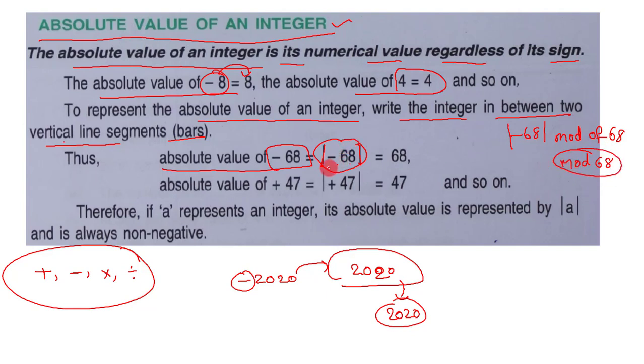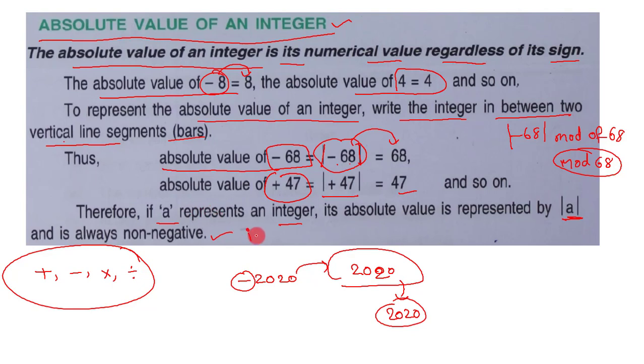Mod minus 68 means the absolute value of minus 68 is 68. In the same manner, the absolute value of positive 47 is mod 47, which is equal to 47. If A represents an integer, then the absolute value of A is represented by mod A, and it is always non-negative.